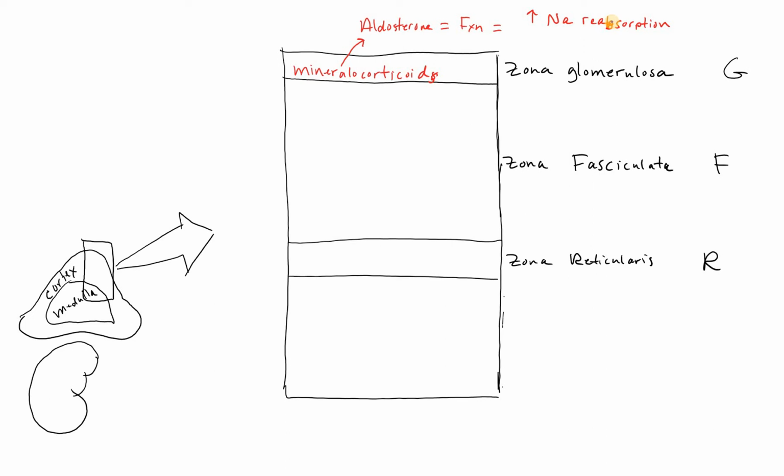It increases sodium reabsorption, so that means you're going to keep sodium, and it's going to increase your potassium. Now remember, K on the periodic table is potassium, so it increases potassium excretion. Okay, so you're going to keep sodium and get rid of potassium in the presence of aldosterone.